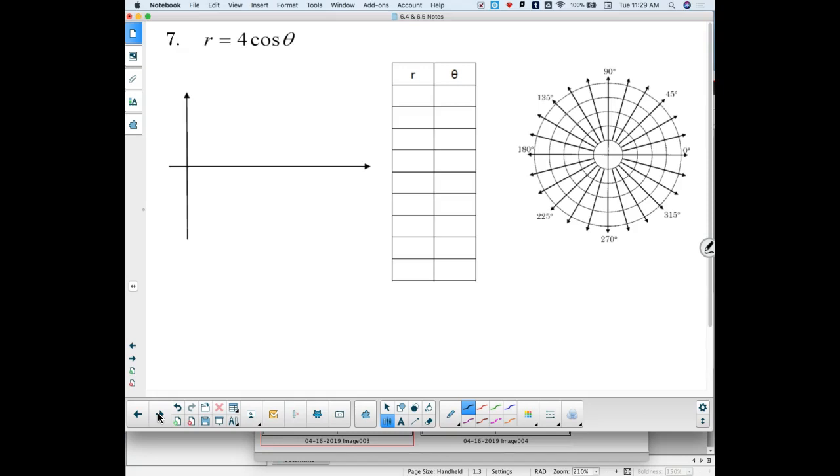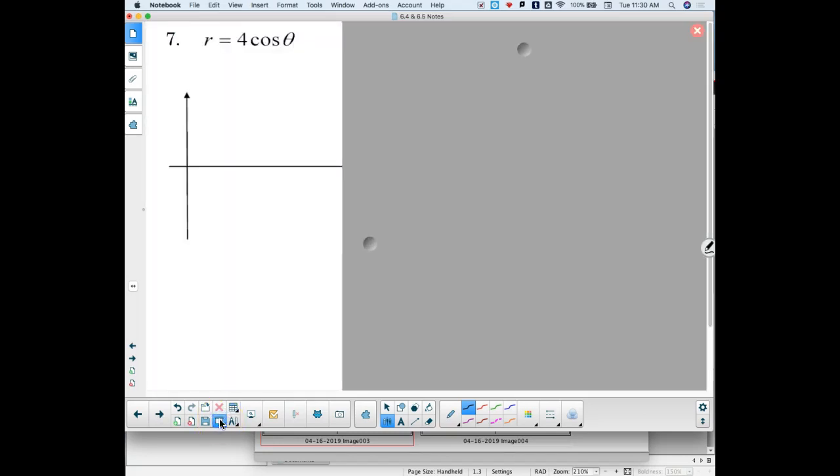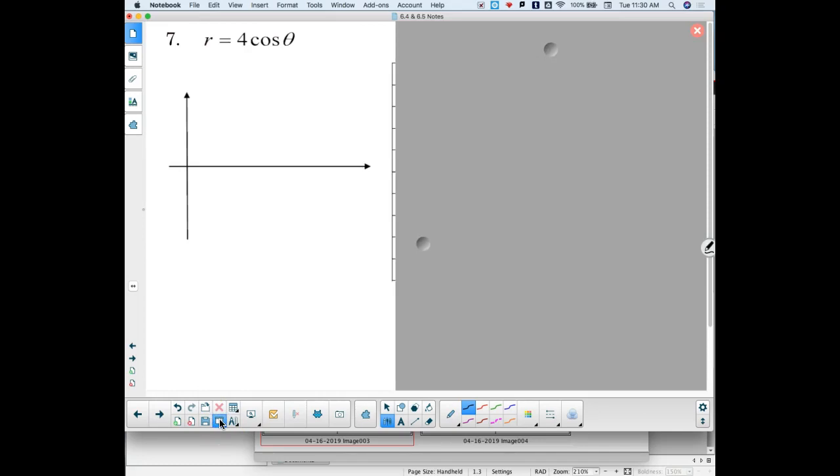So that means theta is like x, because that's the independent one. So this is really y equals 4 cosine of x.